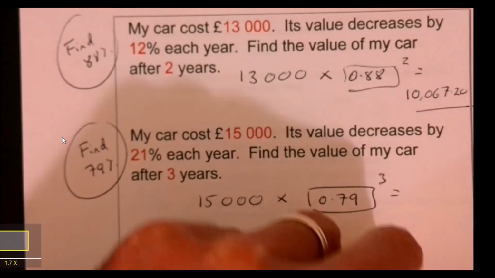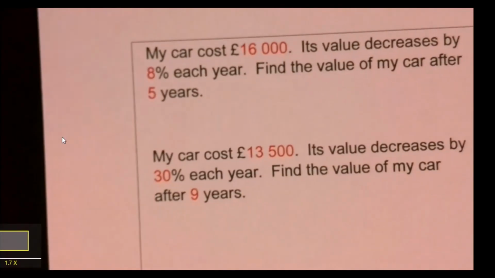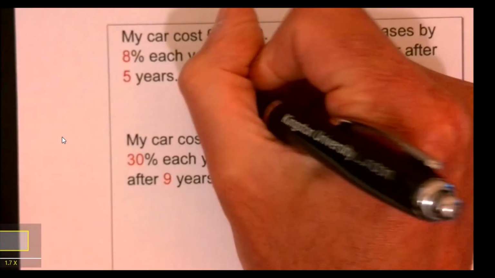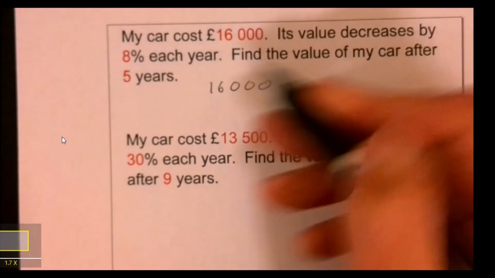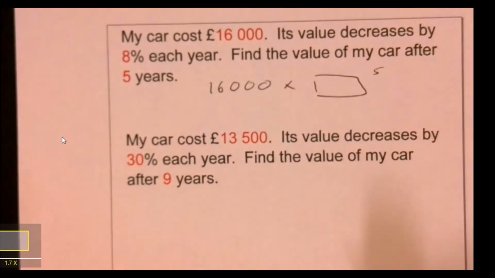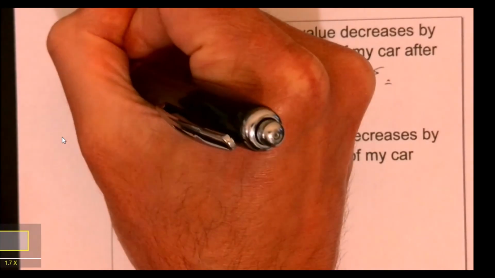All right, and so a quick look, just a couple more. Okay, same idea. 16,000, value decreases by 8%, so multiplied by something to the power of 5. So if I'm decreasing by 8%, that means find 92%.